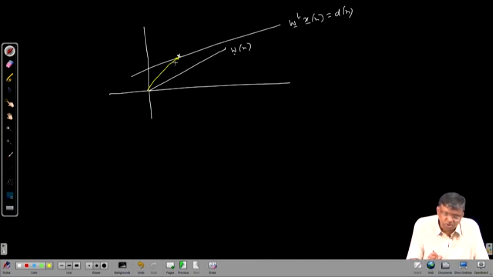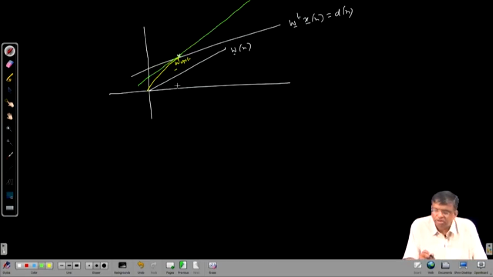This vector is W opt. The next equation, for the n plus 1th clock, will be another straight line as you have seen, but it should still go through this point, and this is my W transpose x n plus 1 as d n plus 1.